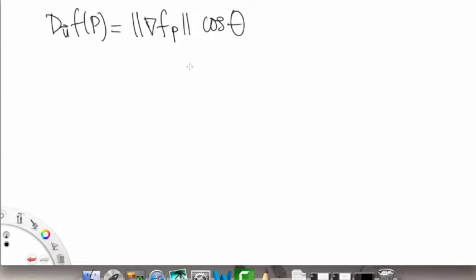So let's analyze this a little bit. Cosine theta has to stay between -1 and 1, just as sine does.